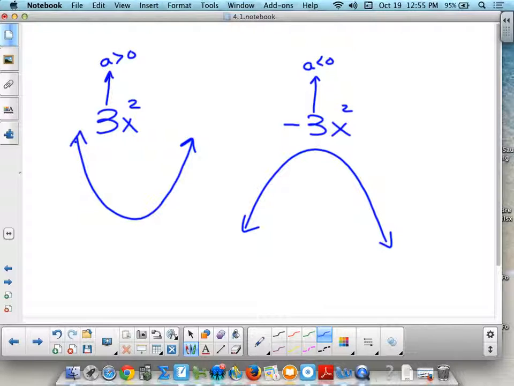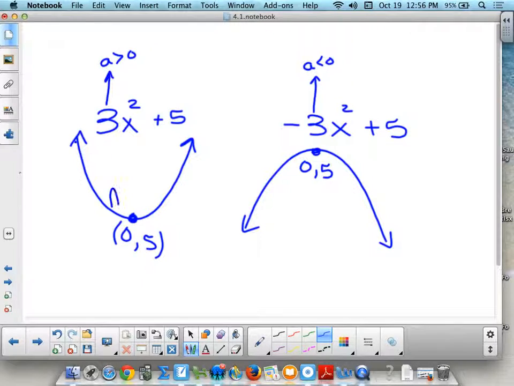The other thing I want to tell you is this. Oh, this is such a bad example. If I put a 5 there, this point right here is 0, 5. If I put a plus 5 here, this is also 0, 5. Is this a minimum or a maximum point?